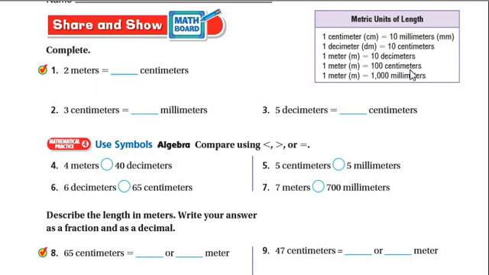Here, I have in 1 meter, 100 centimeters. What about 2 meters? From big to small, we will multiply. So I multiply 2 times 100, which is, yes, 200.